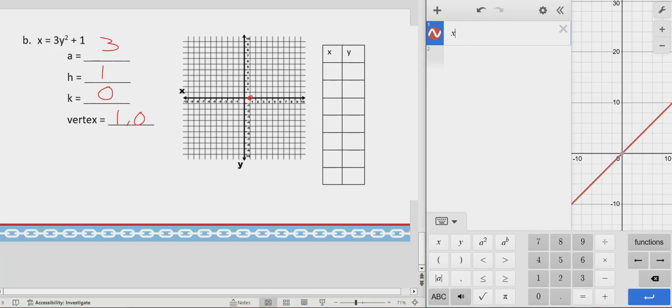When I graph this, x equals 3y squared plus 1. I see over on the far side of the screen my sideways opening parabola.